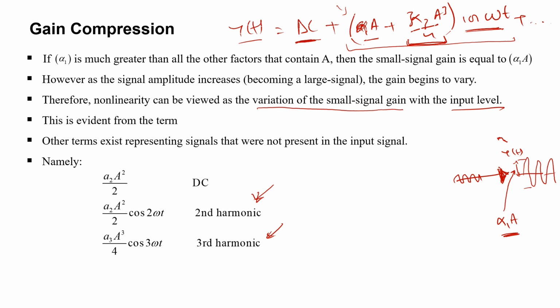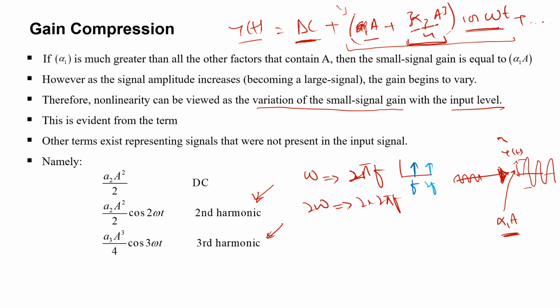Harmonics means linear multiplication of the fundamental frequency. So imagine I have an omega that is actually 2 pi f, and if I draw a spectrum of this particular equation, then I will have a frequency value on the frequency spectrum. 2 omega means 2 into 2 pi f, that is another frequency on the spectrum at 2 times f.